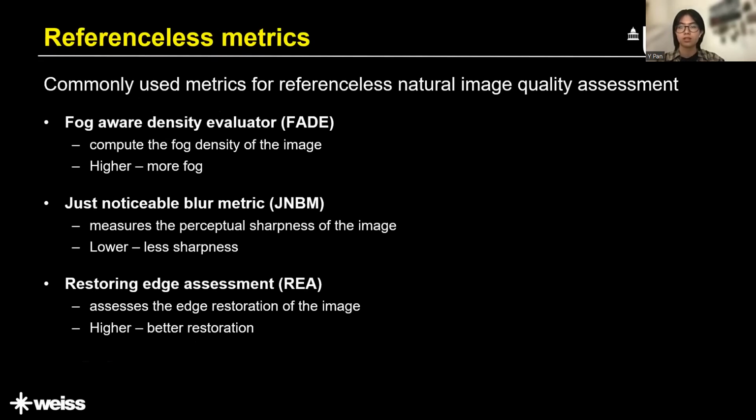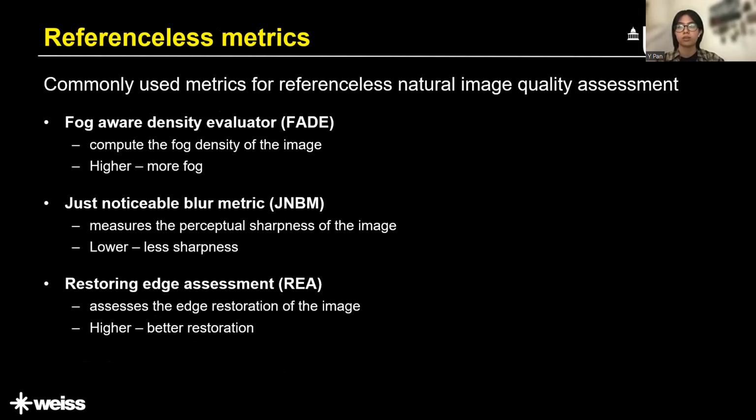These are the 3 referenceless metrics used in our research. Since all our data are unpaired and collected from real robotic surgery, ground truth images are not available. Therefore, the commonly used metrics, such as peak signal-to-noise ratio or the structural similarity index measure, are not applicable in our project.